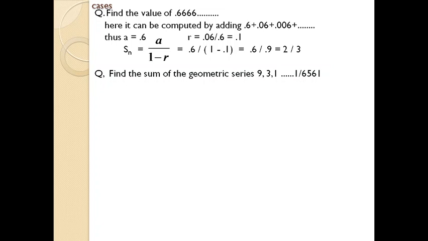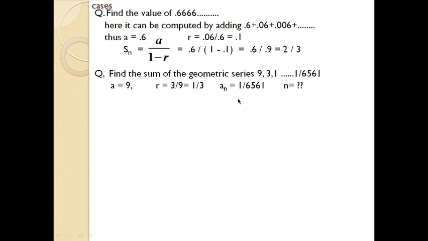Let's note down the known values or expand the data given in the question. Here A is 9, that is 9 is the number starting the series. And R is 3 by 9, second number divided by first number, you will get 1 by 3. Note that R is 1 by 3. As per the rule, R is less than 1, you need to take that specific equation.